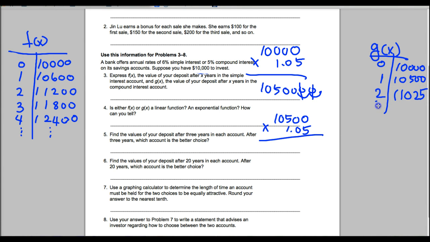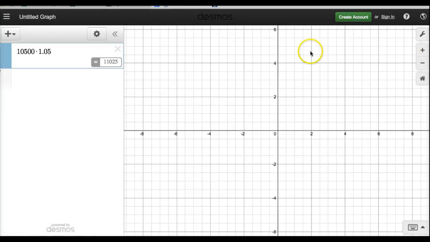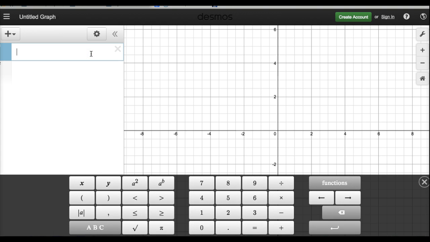And then of course on the third year, what do you have to do? You're going to have to multiply 11025 by 1.05 again. Okay? And so again, let's go back to the calculator because I love the calculator. Of course you can actually do this by hand, but it would just take longer.